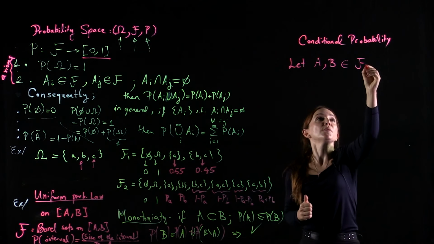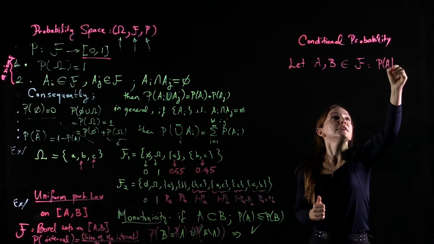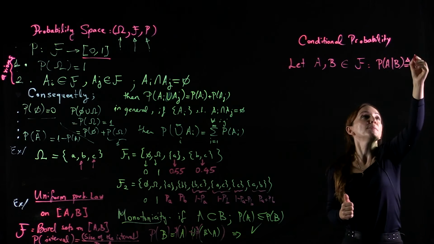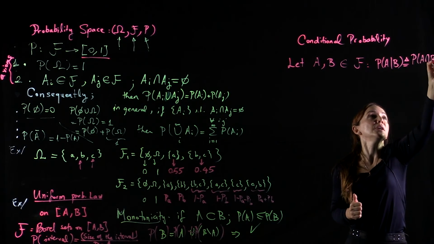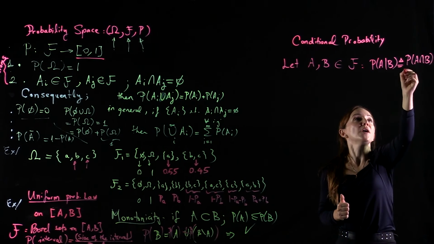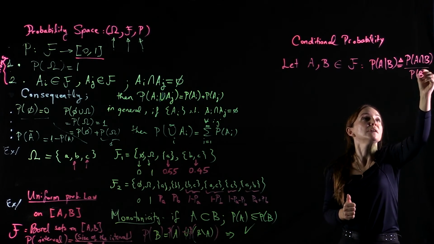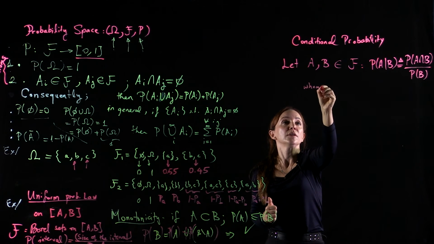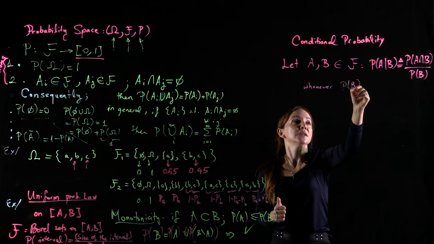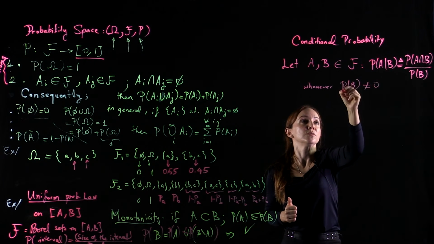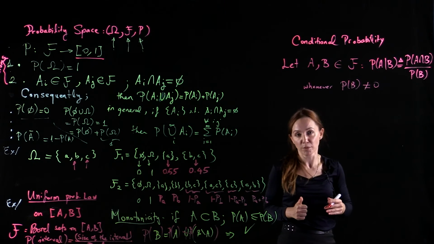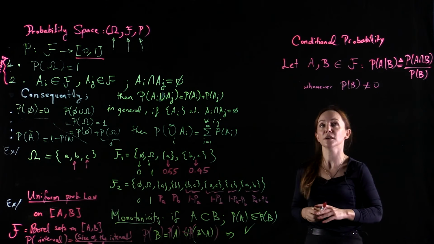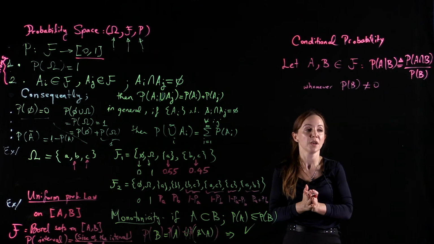The conditional probability of A given B is defined as the probability of A intersection B divided by the probability of B, whenever the probability of B is not 0. If the probability of B is 0, we cannot define a conditional probability conditioned on B.